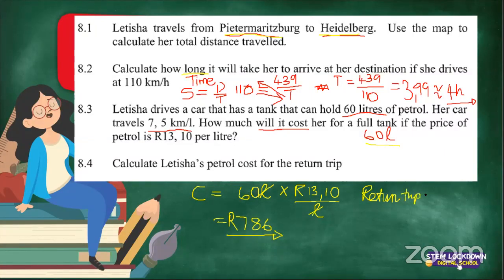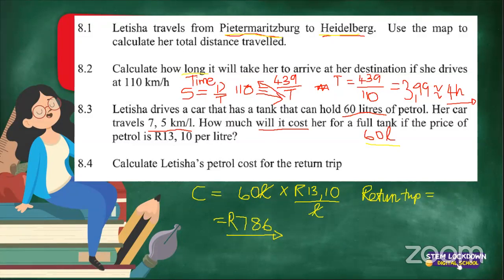Can anyone tell me what the return trip distance is? If the one-way trip is 439, what is the return trip for Letitia? This one is actually very, very easy.